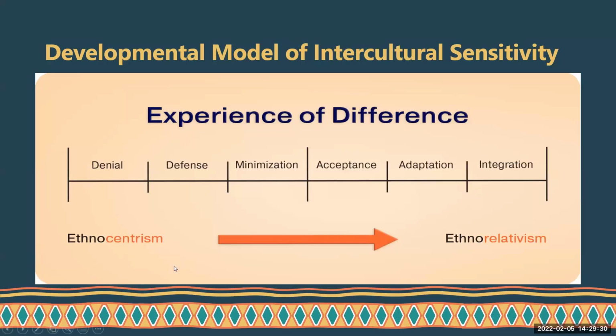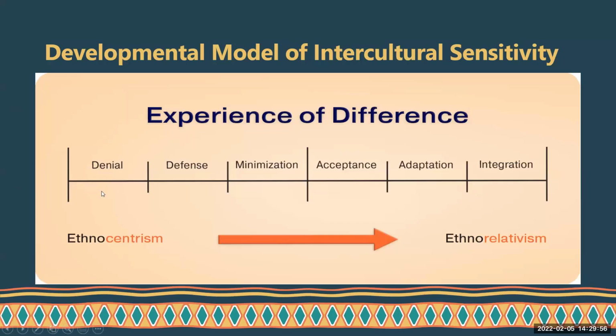Hence, you see here in the bottom, moving from ethnocentrism, which is this idea that my own ways are better than anyone that does something different, seeing myself and my cultural ways as superior to others, to ethno-relativism, which is understanding differences from a cultural context. There are 6 levels to the Bennett scale.